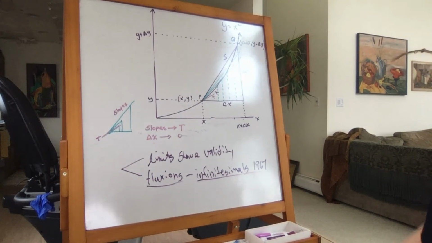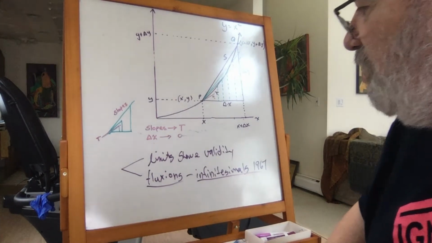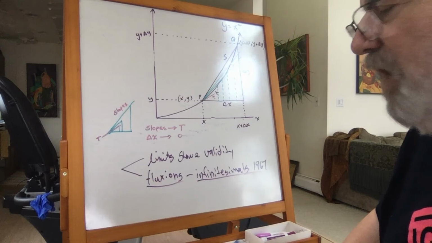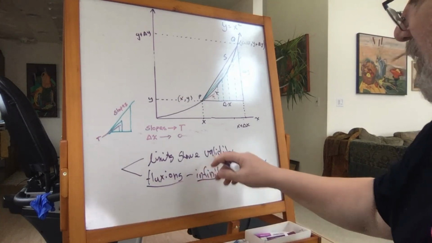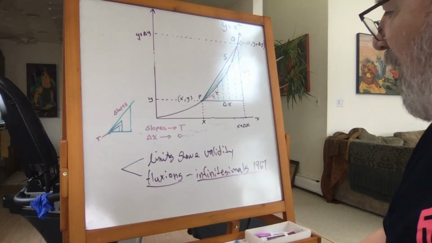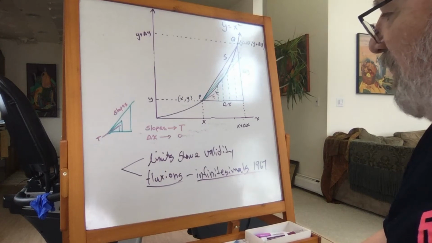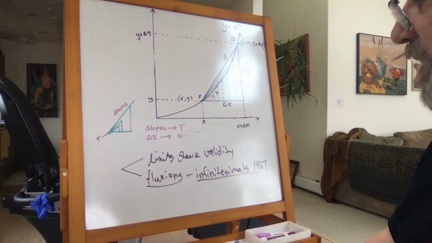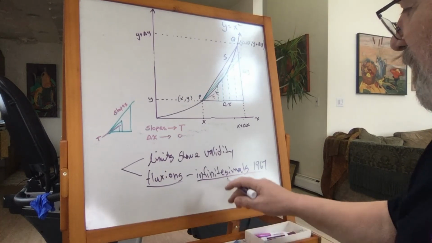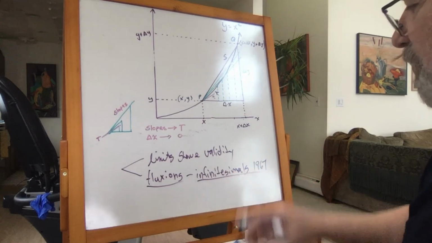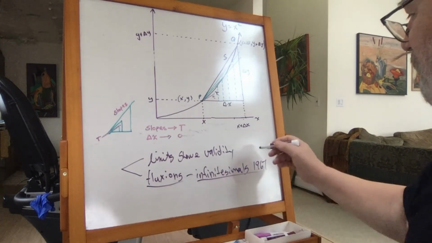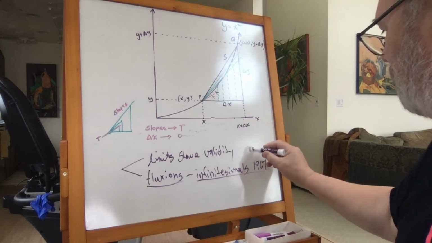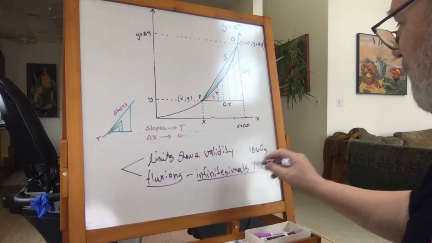He was using it, and mathematicians were using it, and engineers were using calculus up until the 1860s, but they didn't have a theoretical basis until Riemann. And Newton's way of thinking wasn't proven until 1967. So this is 1860s, and this is 1967.